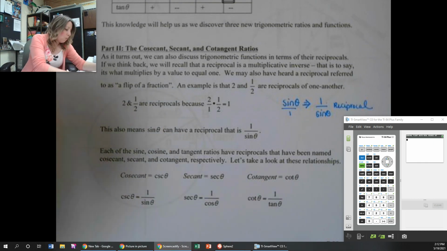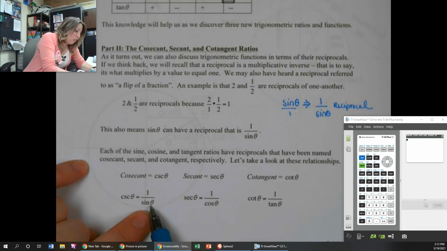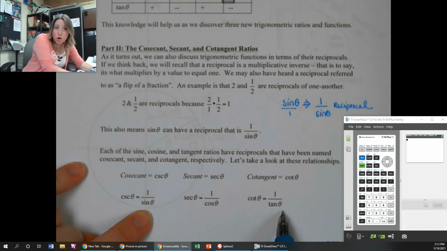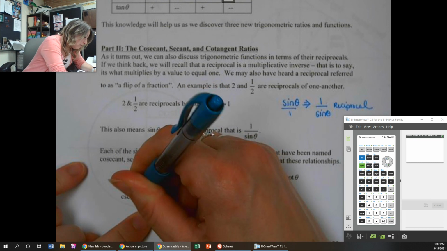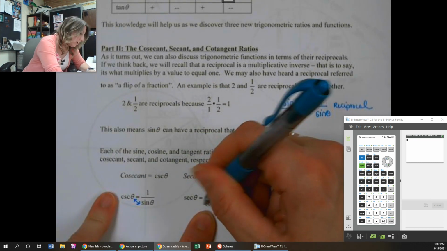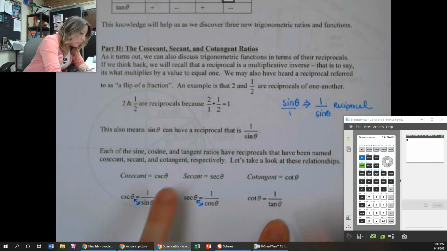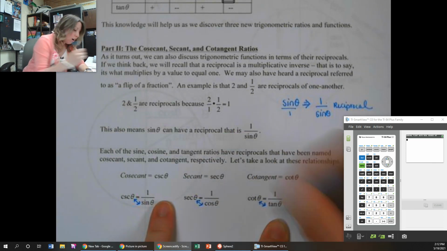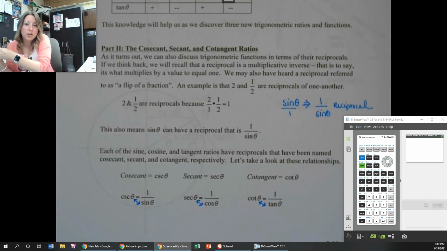What I like to say is that each function has a co-friend. Sine has a cosecant friend. Cosine is the co-friend to secant. And tangent and cotangent are the co-friends.